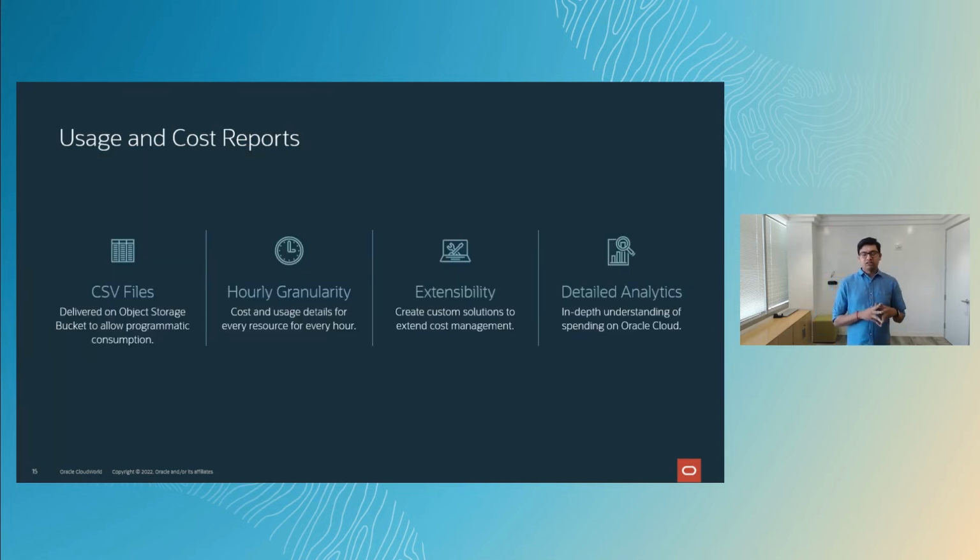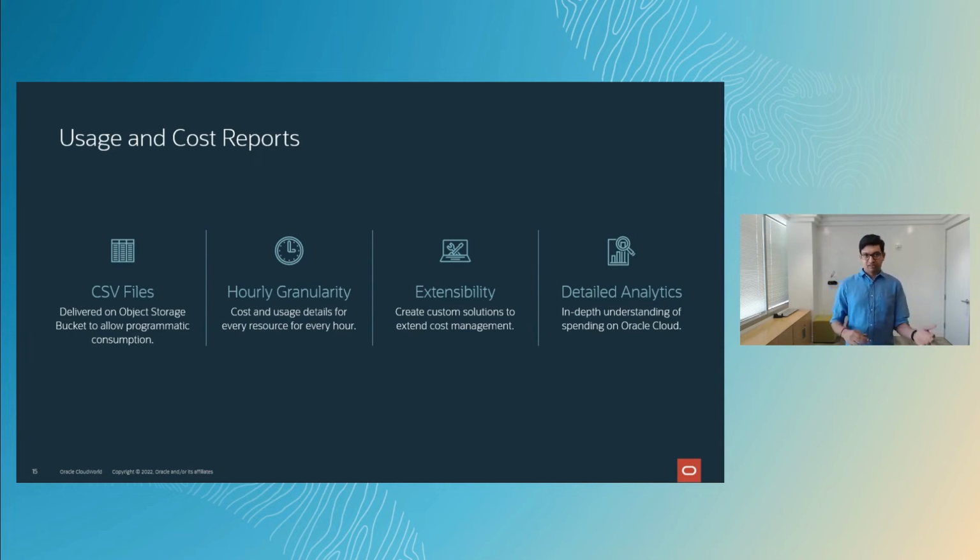Next is the cost and usage reports. These are CSV files that are pretty standard across the cloud providers to give in-depth, detailed, resource-level, highly granular information, data that you can use to do automated analysis or even ingest into your own system and extend however you visualize.